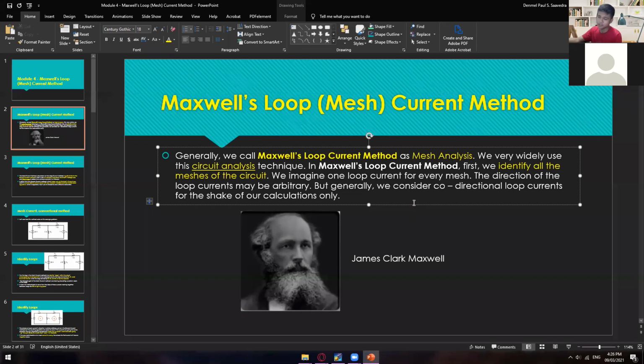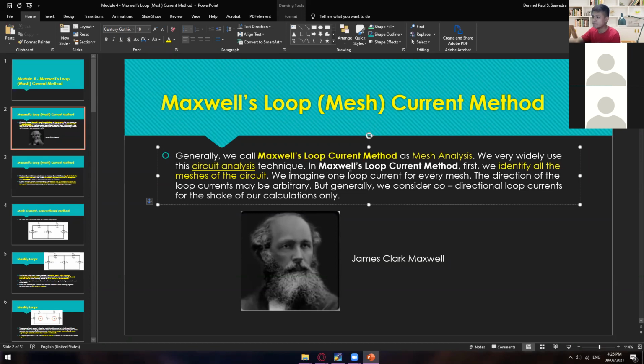Kirchhoff's law is also useful. However, if I compare this with Kirchhoff's law, using Maxwell is a lot easier. Why? Because you'll have fewer equations. Unlike in Kirchhoff's law, where you'll have more equations to solve, here you'll have fewer equations.